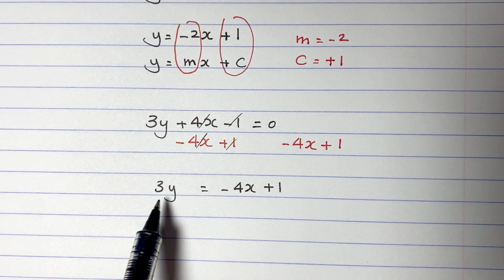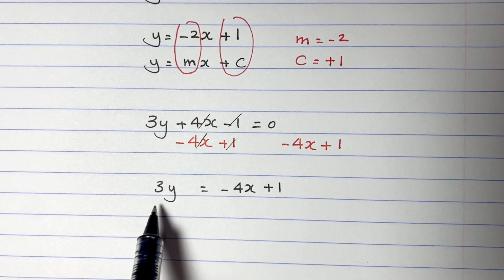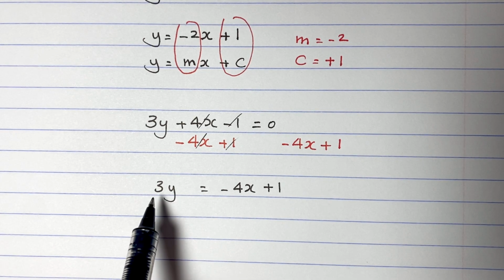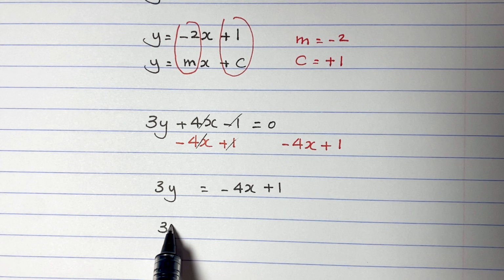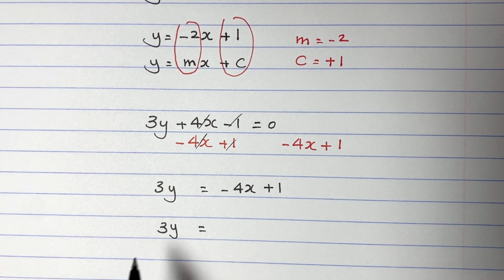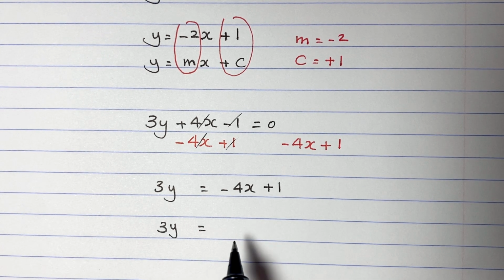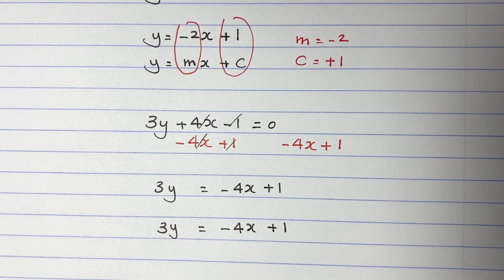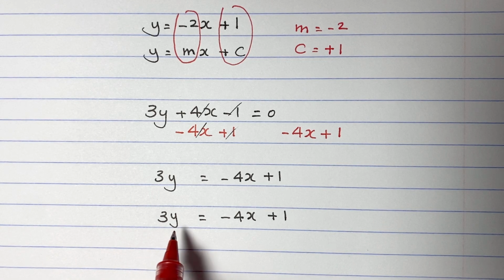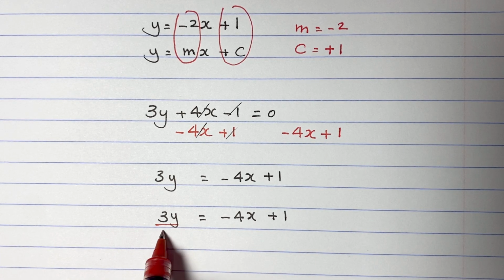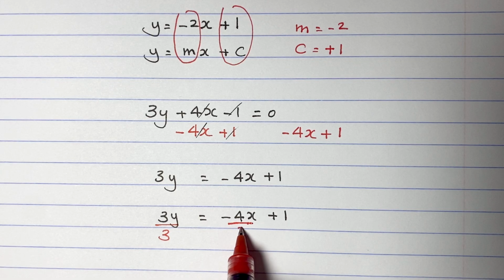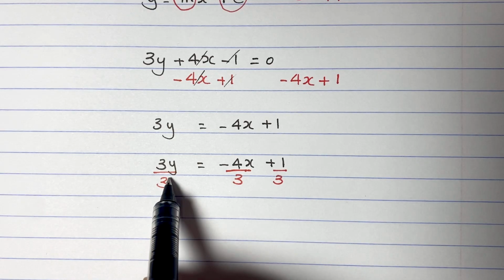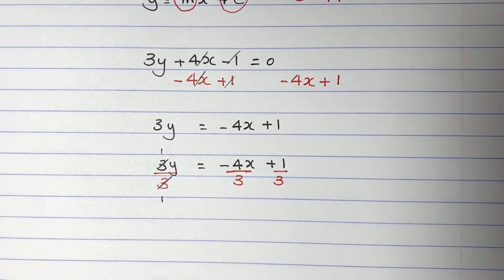Again, in order to spot the m and c, y must be a single y. I can't have 3y. So I need to get rid of the multiple 3 times y by dividing every term by 3. If I'm dividing y by 3, each of these needs to be divided by 3 as well to keep the balance of the equation. So here, 3 and 3 would cancel to give me 1y.